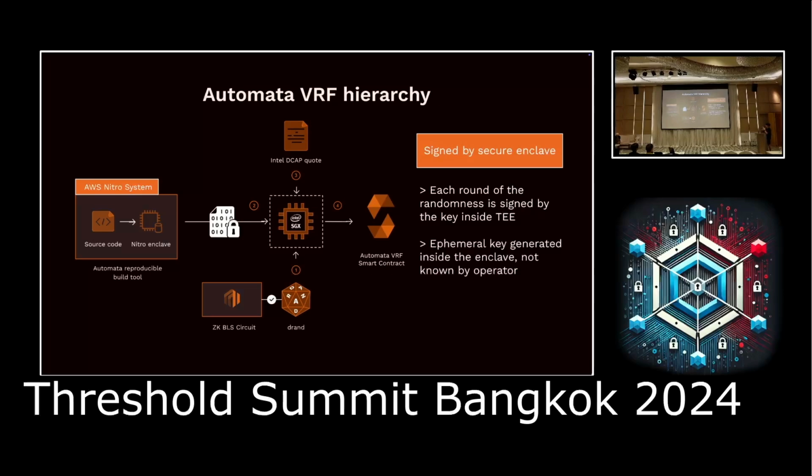Inside the enclave, we use an ephemeral key generated inside the enclave and sign over everything, which means such an ephemeral key cannot be read from outside. Even the operator or attackers cannot know this ephemeral key other than the enclave itself. It increases the whole security level of our execution environment.